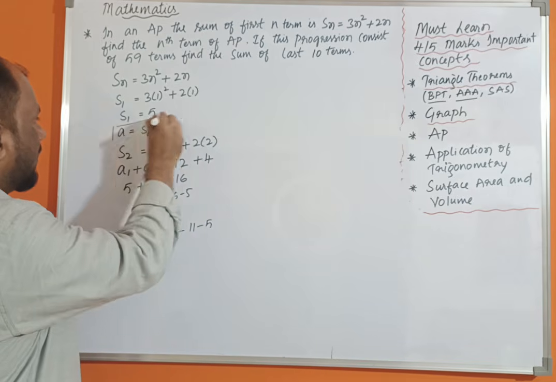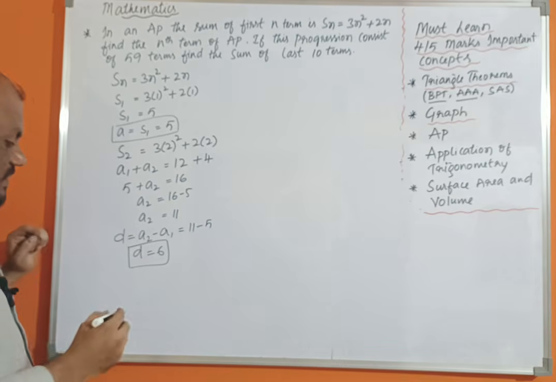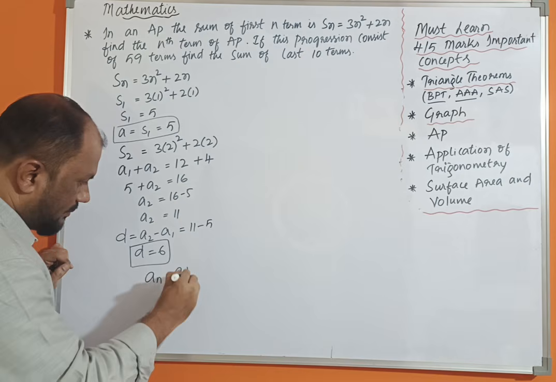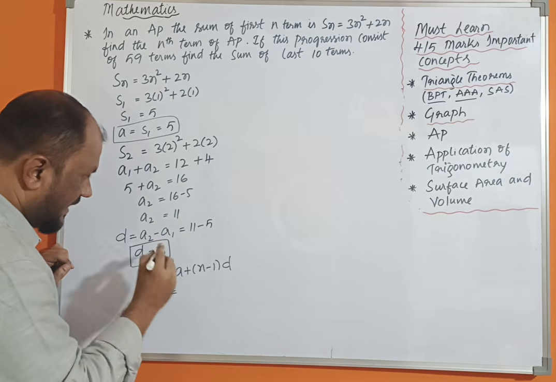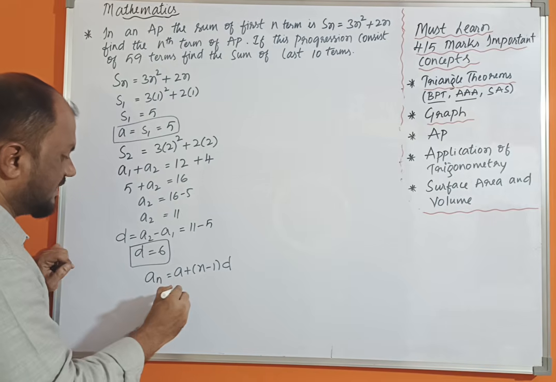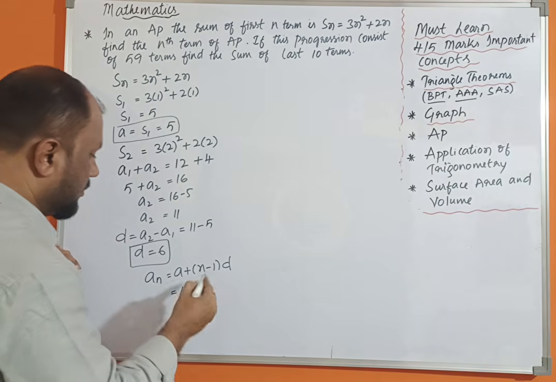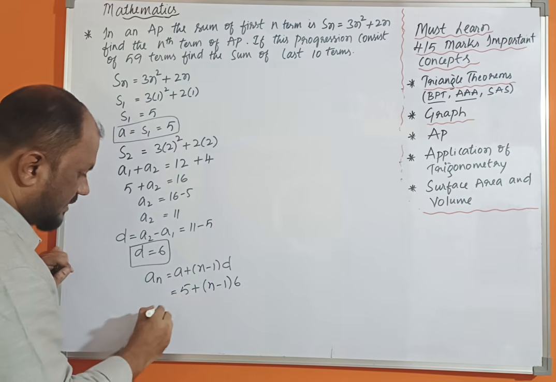This is what you are A. If you know A and D, you can find out the nth term. So what is the formula for the nth term? An is equal to A plus n minus 1 into D. A is 5 plus n minus 1 into D, which is 6.